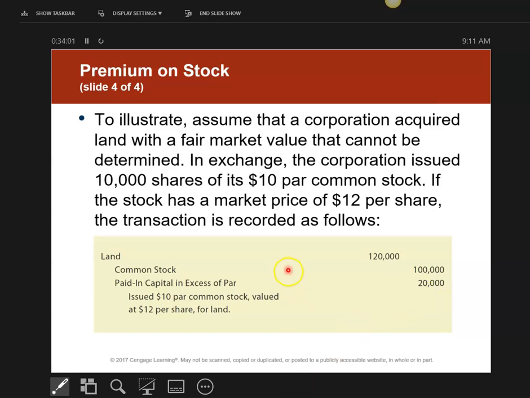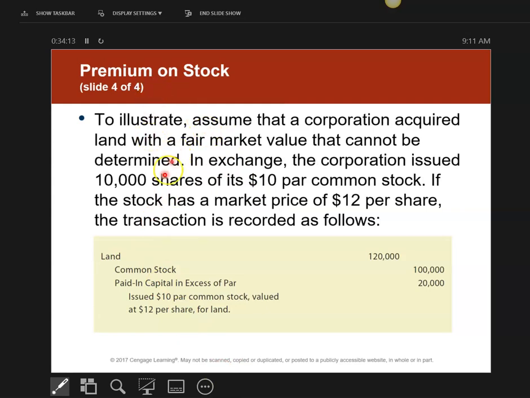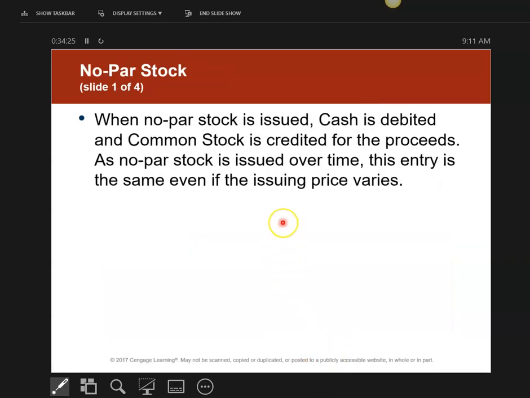Now, what happens if I don't have a par value? By the way, before I go into this, let me back it up. That was just for when I get land, but if I have a no par stock that has a stated value, then the stated value is how much cash I'm going to get. But let's talk about what happens when I have a no par stock.